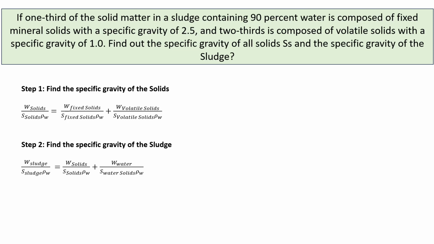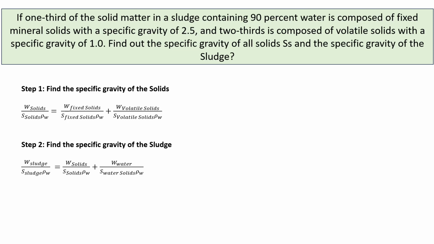So it is weight of solids divided by specific gravity of solids times density of water, equal to weight of fixed solids divided by specific gravity of fixed solids times density of water, plus weight of volatile solids divided by specific gravity of volatile solids times density of water.